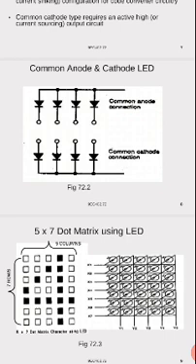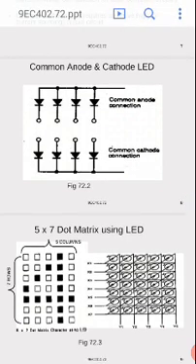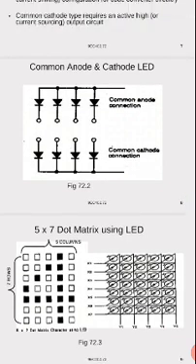Here in this, the terminals are represented as bottom side Y1, Y2, Y3, Y4, Y5. And here X1, X2, X3, X4, X5, X6, X7.